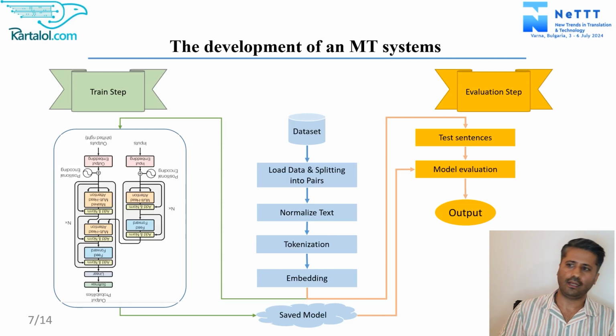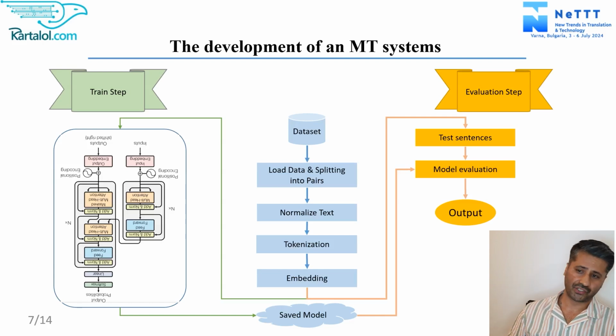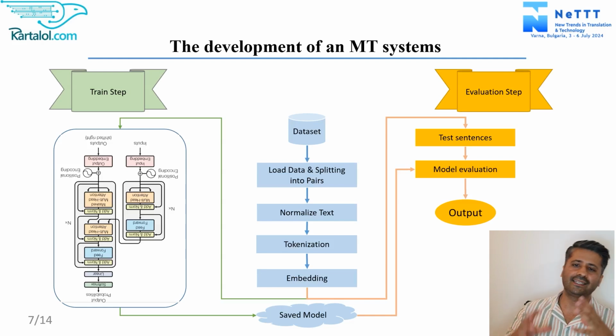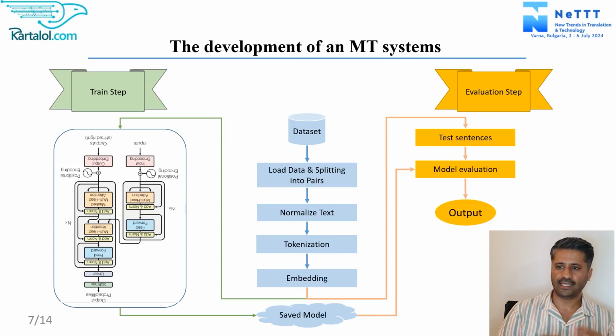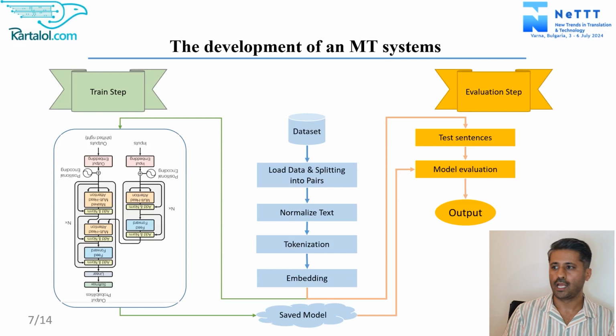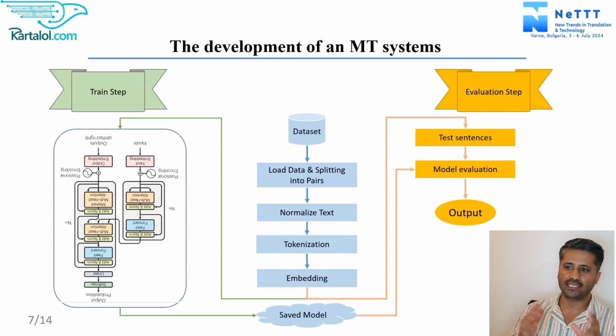In the dataset preparation, we have dataset collection. First, we need a solid dataset. Think of it as gathering all the text we will need. Then data loading and splitting. Once we have our dataset, we load it up and split it into pairs.